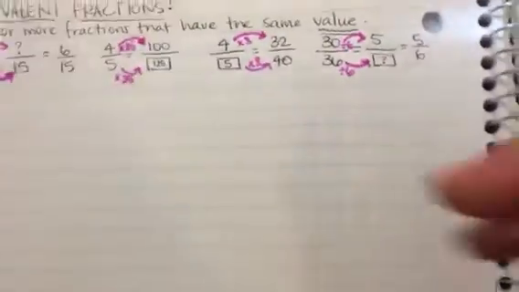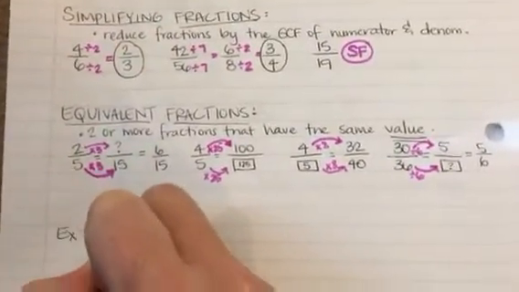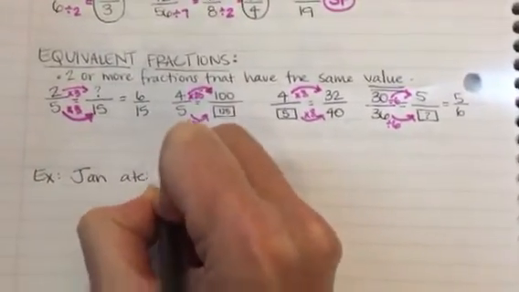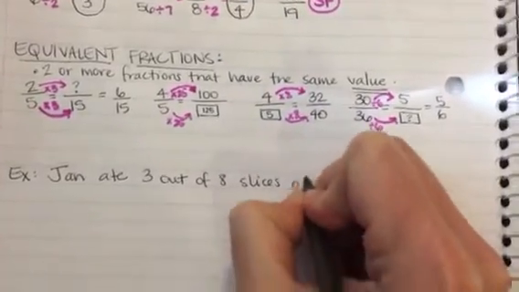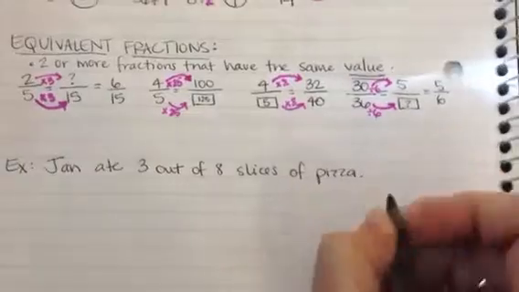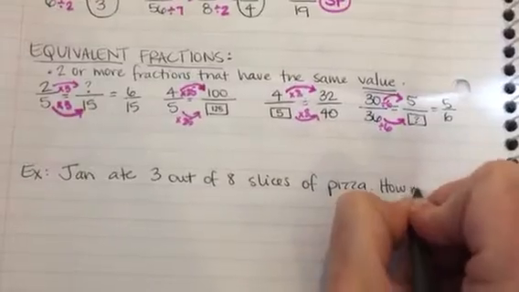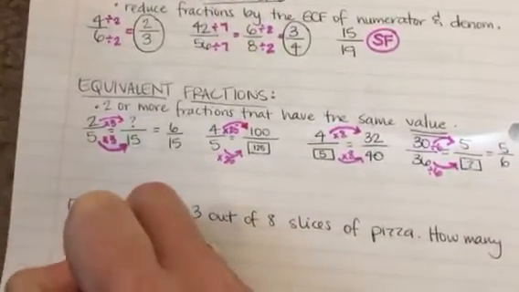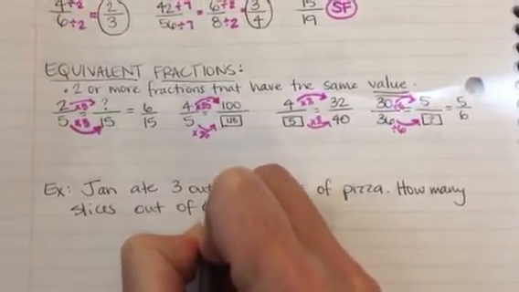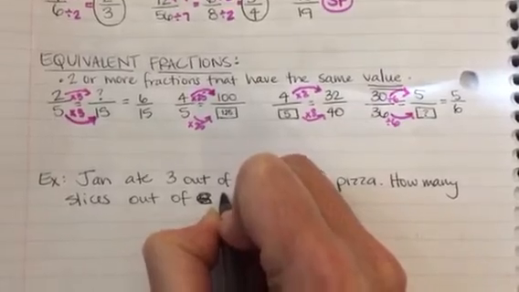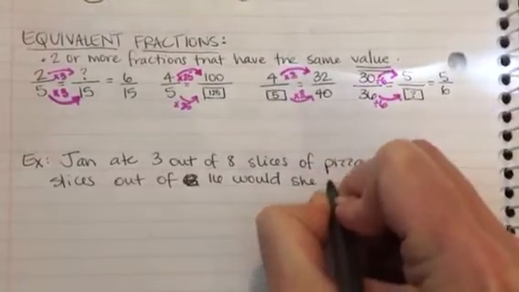I also have to make sure that you know how to take a word problem like Jan ate 3 out of 8 slices of pizza, and then use that to find an equivalent fraction. So it says how many slices out of 16 would she eat?